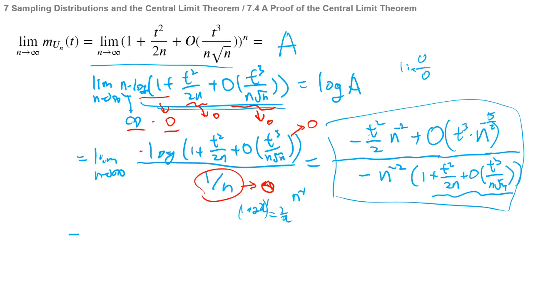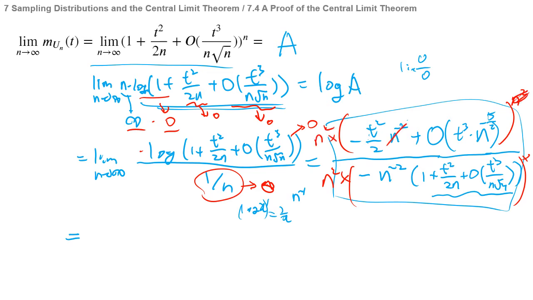As n goes to infinity, we can multiply the numerator and denominator by n squared on both sides.